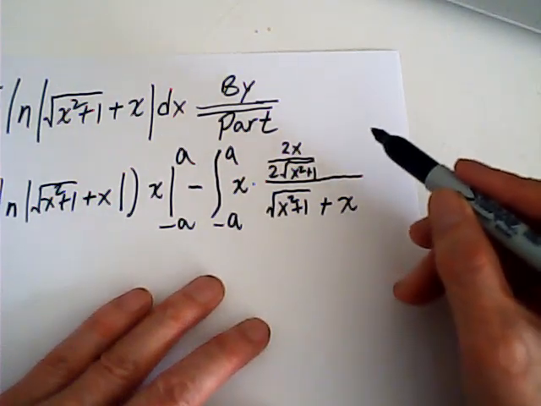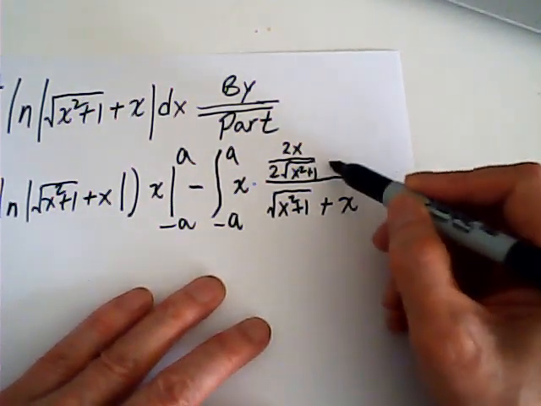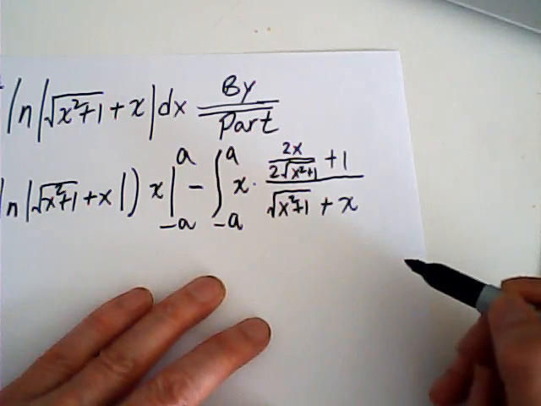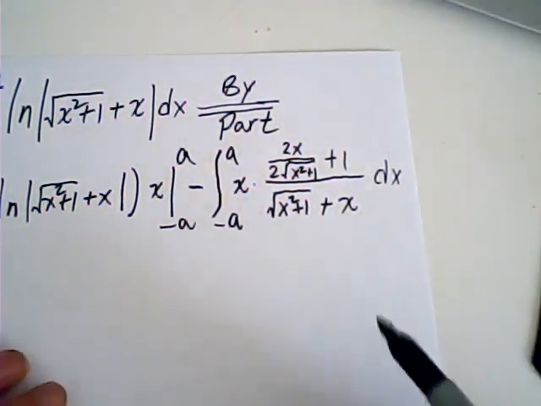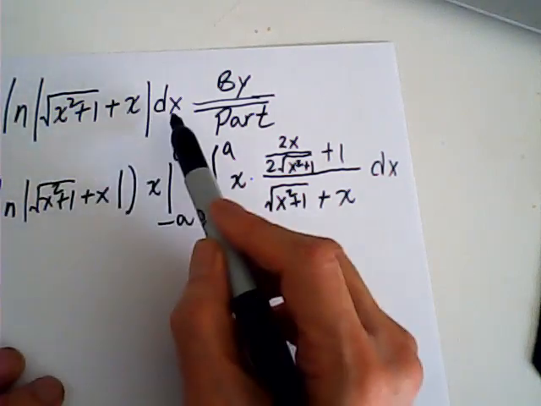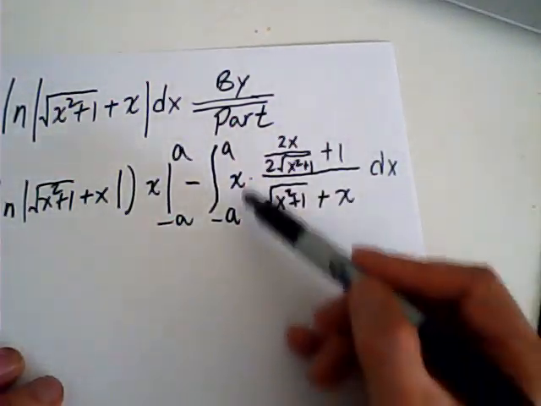Plus 1, right? v du, dx. Okay, this is my u, this is my v. V times du. Du is this.